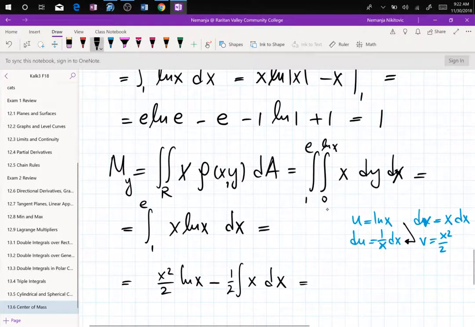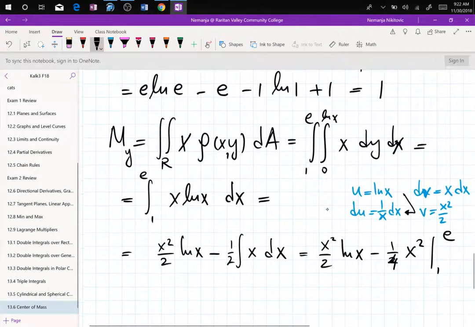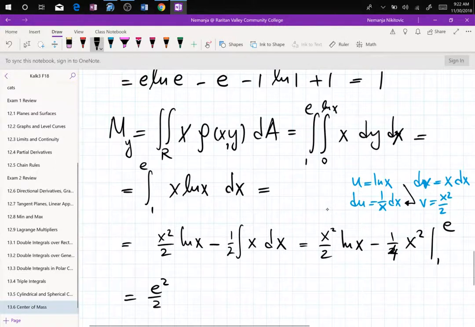And now we have x squared over 2 ln x minus 1/2, 1/4 now of x squared, computed from 1 to e. So this becomes e squared over 2, ln e is 1, ln e, minus 1/4 e squared, minus 1/2 ln 1 plus 1/4 times 1 squared.